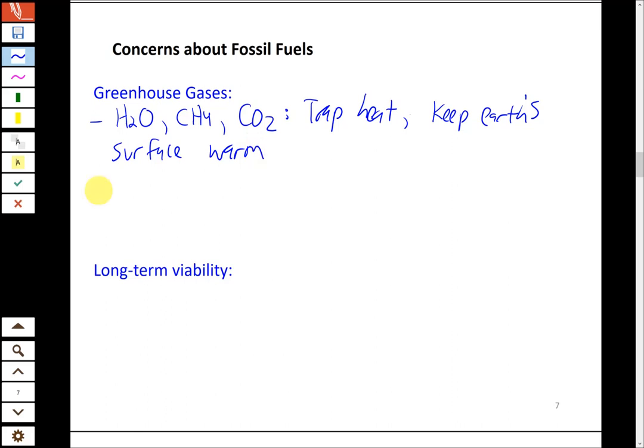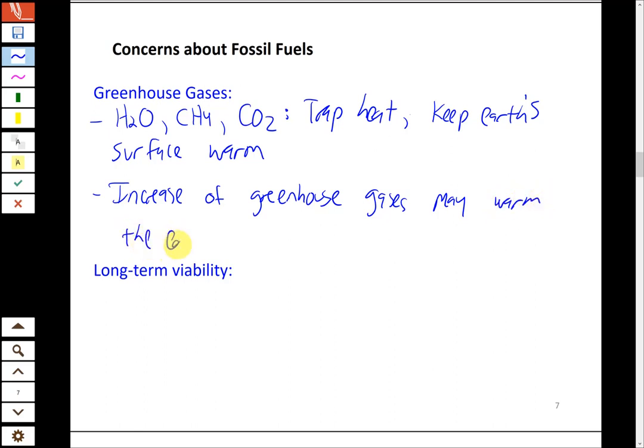And so that leads to the concern that if you increase the greenhouse gas composition of the atmosphere, if you burn a lot of fuels and put a bunch of CO2 up there, for example, that increased CO2 may warm the Earth unnaturally, and then there are obviously environmental concerns associated with that. So that's the major concern about greenhouse gases.